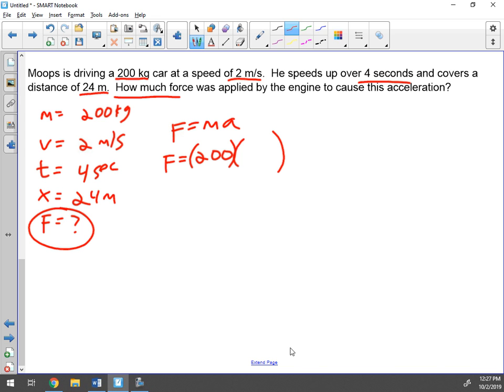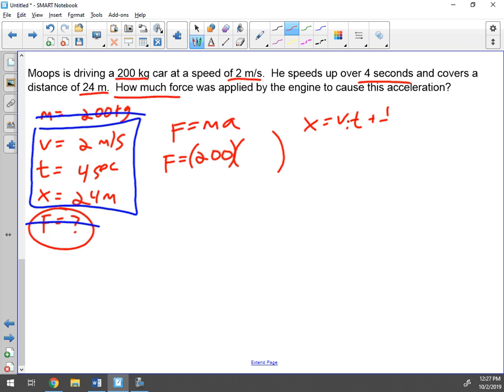So just like last time, I've already used the force and the m, but I haven't touched the v, the t, or the x. So I'm going to use the v, t, and the x to find a. The equation is x equals vit plus 1/2 at squared.